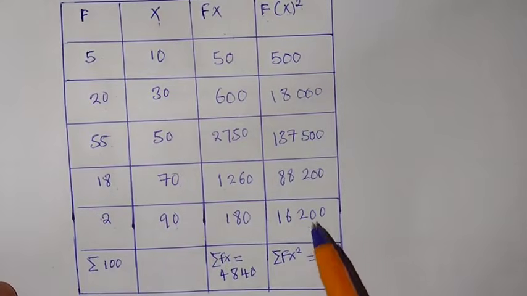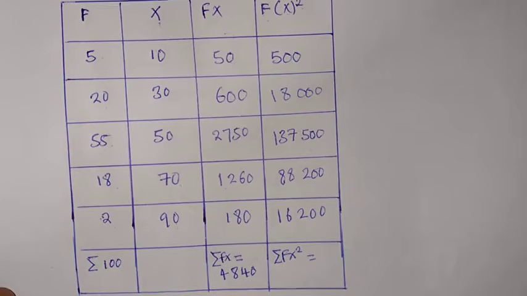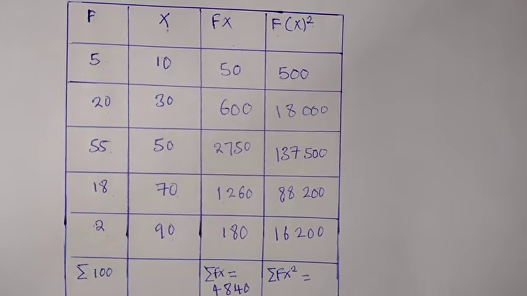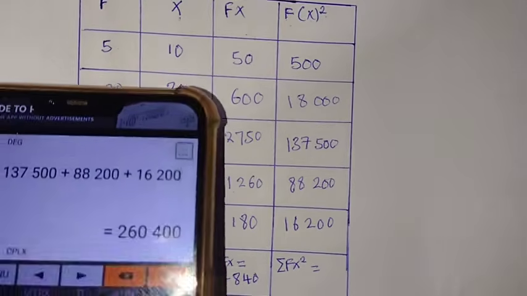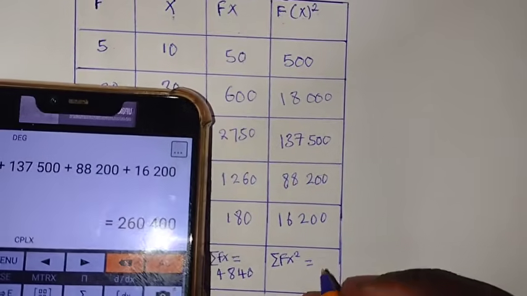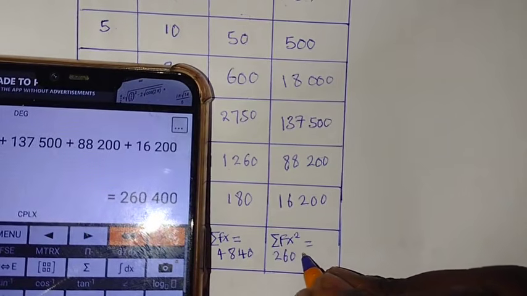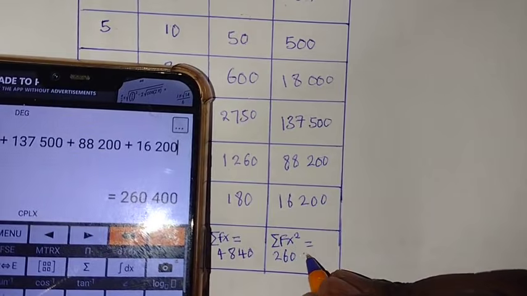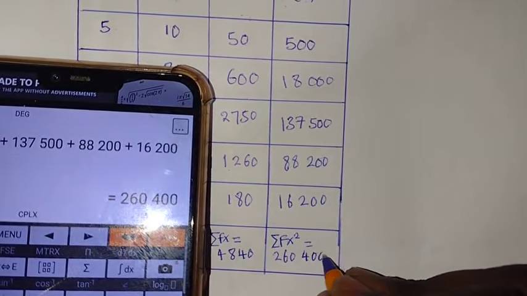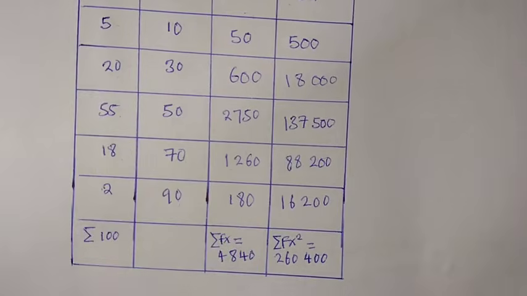We just add these values on the calculator. Once we add all these values, this is what you are going to get. So this is your summation. You write 260,400.